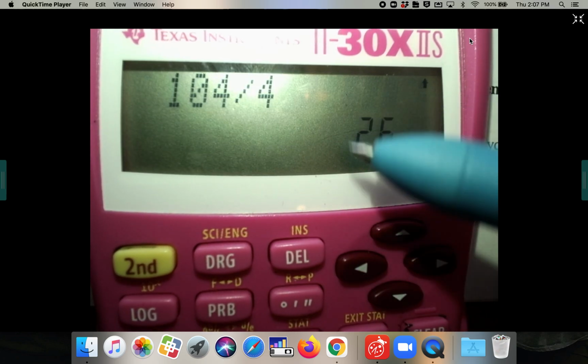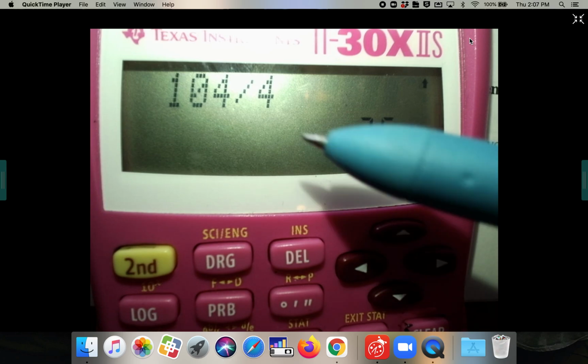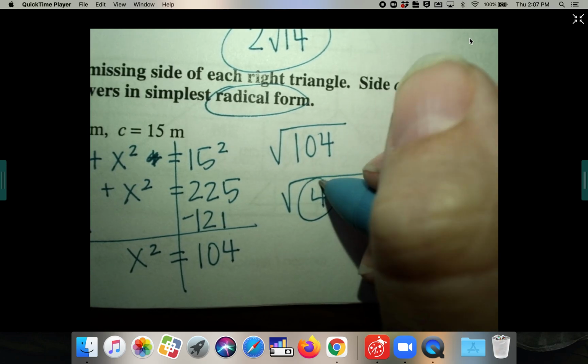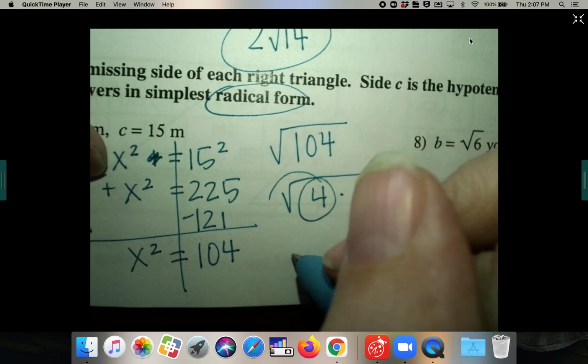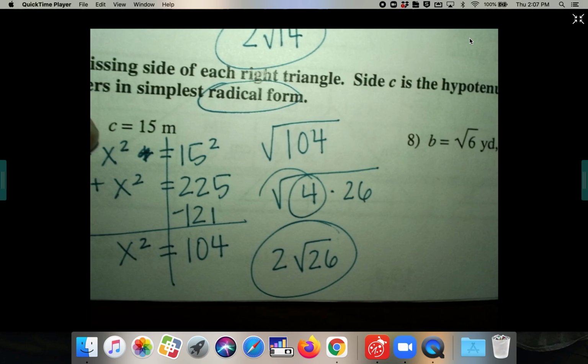Okay, 26, the only factors of 26 besides 1 and 26 are 2 and 13, and neither of those are perfect squares, so this is it, 4 and 26. So 4 times 26, and 4 is a perfect square that comes out as a 2. The square root of 4 is 2. So 2 root 26 is that answer.